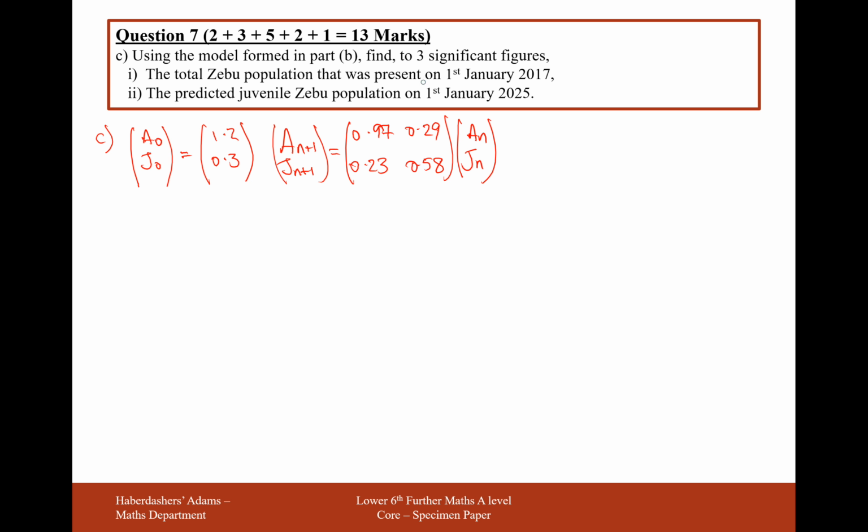So the total zebra population on the 1st of January 2017. Right, okay, that's last year from the initial population. So we need effectively here n equals -1, and let's see what happens.